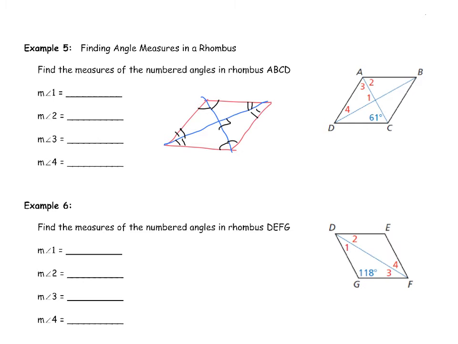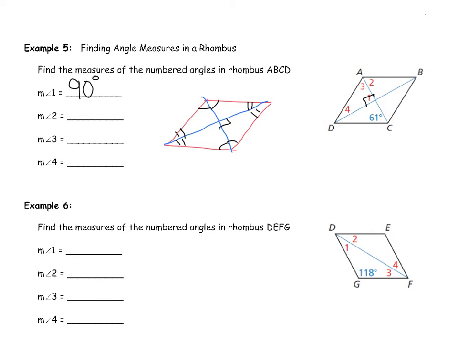So, looking at our rhombus, we can establish that angle 1 has to be 90 degrees because diagonals are perpendicular to each other. Now let's look for angles 2 and 3. I clearly see that this angle DCA is 61 degrees.